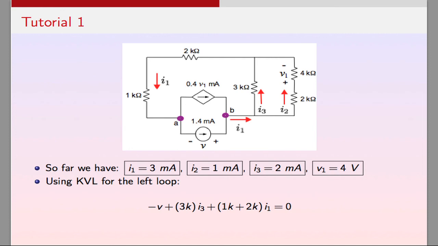And finally, substituting for the values of I1 and I3 gives V equals to 15 volts. And that's the end of this example.